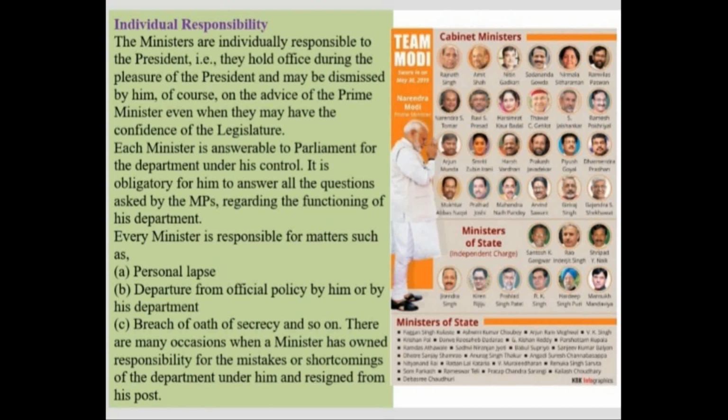Then what happens? The minister has to take responsibility for his failure of implementation of the policy, and he has to resign. There are many incidents where such ministers have resigned on their own, taking individual responsibilities. So this is about individual responsibility of the Council of Ministers, with which the chapter ends here.